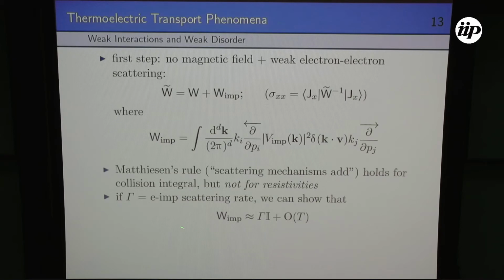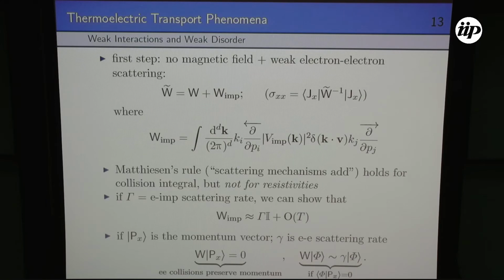Now, one can show that to leading order, this W_imp is a temperature-independent matrix proportional to the identity. If you want to compute the thermoelectric conductivity alpha, you need this subleading correction, but I won't talk about that much. This W has a null vector associated with momentum. Analogously to how there was a vector J that encoded the charge current flowing in the system, there's a vector P that encodes the average momentum in your distribution.